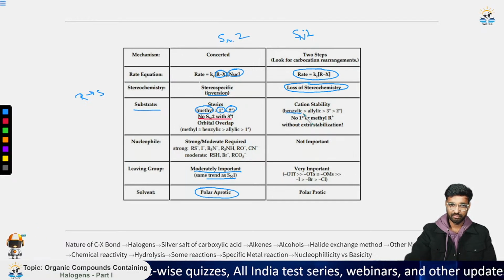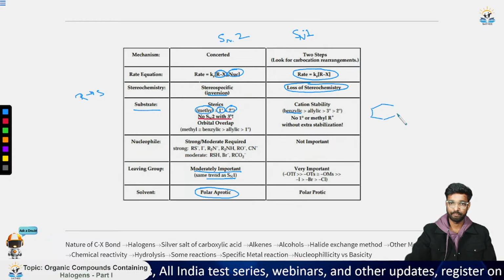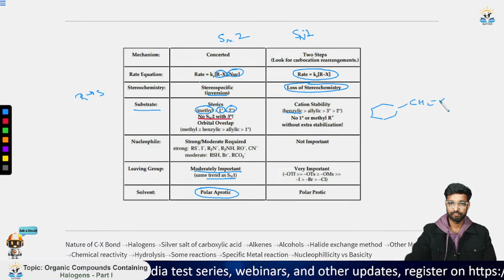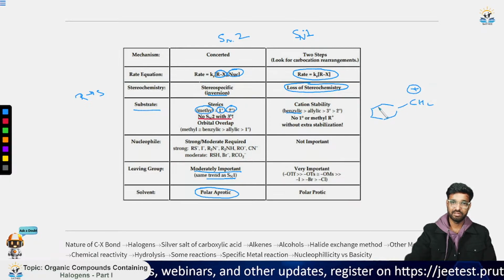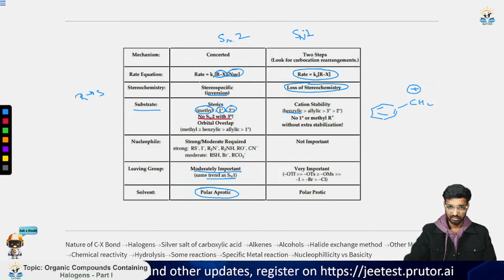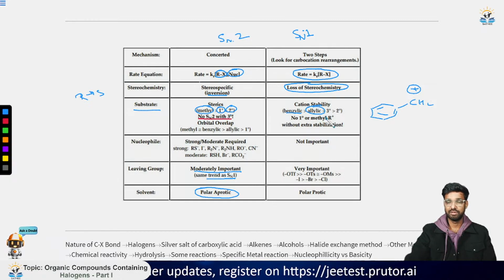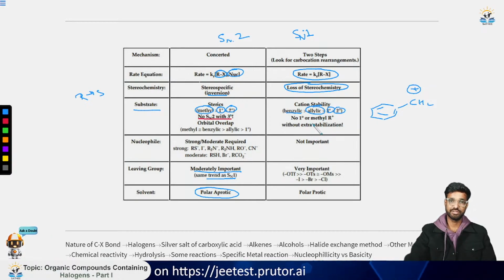Now benzylic is formed faster, because if it is a benzylic like this, and you form the carbocation, it is stabilized by this benzene ring. Now allylic is also stabilized by resonance. Then 3 degree, then 2 degree, which are stabilized by hyperconjugation.